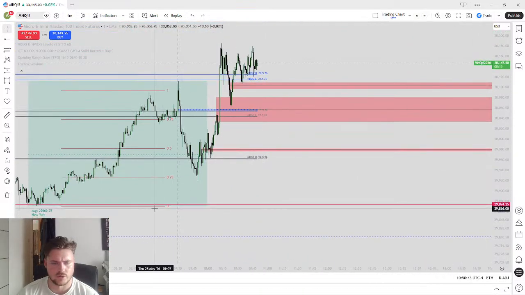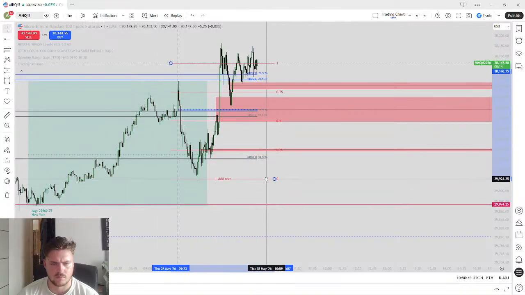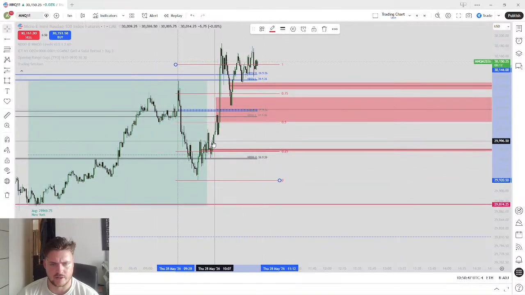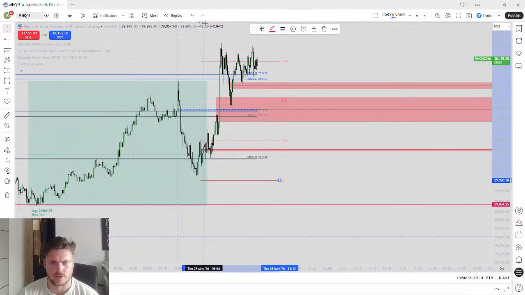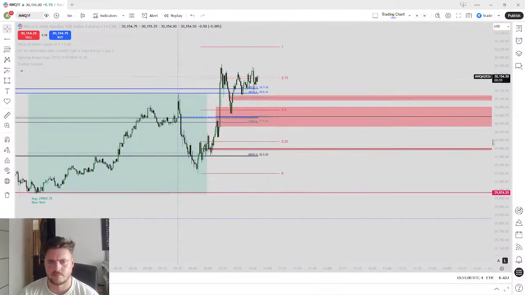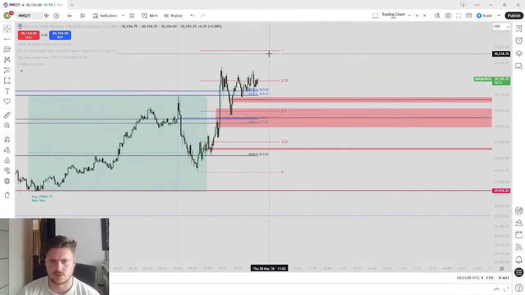So when I go here, there's my first fair value gap. Should be looking around here, to see when we can get the 25 and 50 to line up. So look at that. Can we hit that level here? Yeah, it's the end of the run.